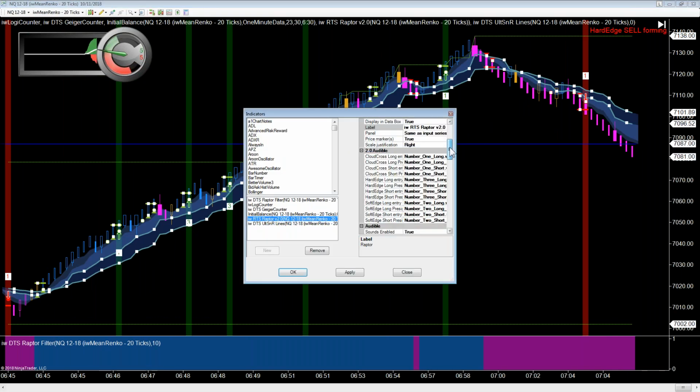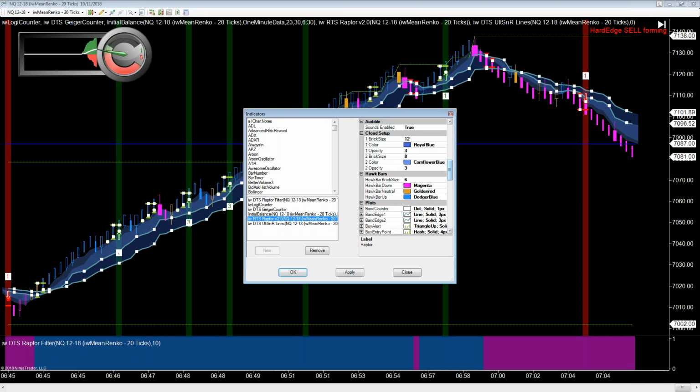So you go to your indicator window, and the rough relationship is that your fast band is the same size as your ticks. Your slower or larger band is 1.5 times your ticks, and your hawk is 3/4 of your tick size. So for a 20 tick bar, that would be a 20 tick fast cloud, a 30 tick slow cloud, and a 15 tick hawk.